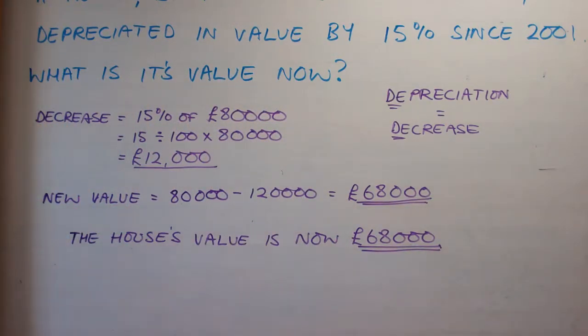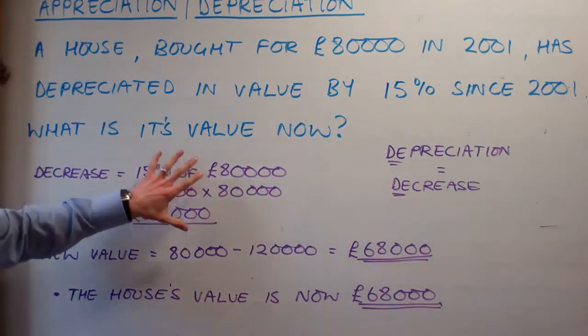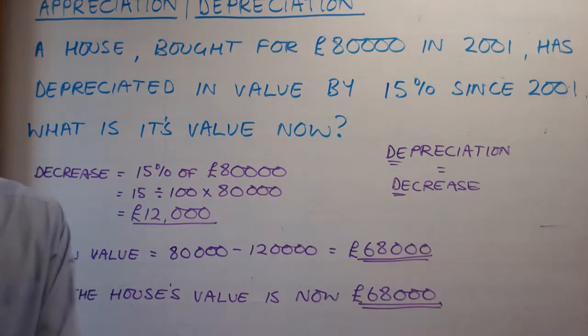By doing that, we've shown that we've fully understood the entire question. We've applied the maths to it as we should, and then we've given a statement at the end that demonstrates our understanding very well.